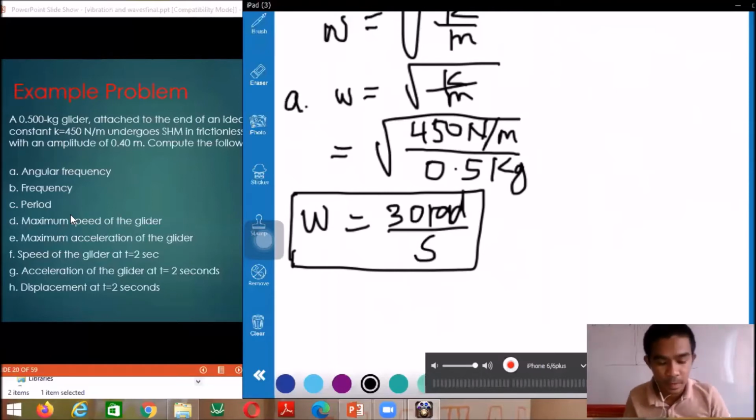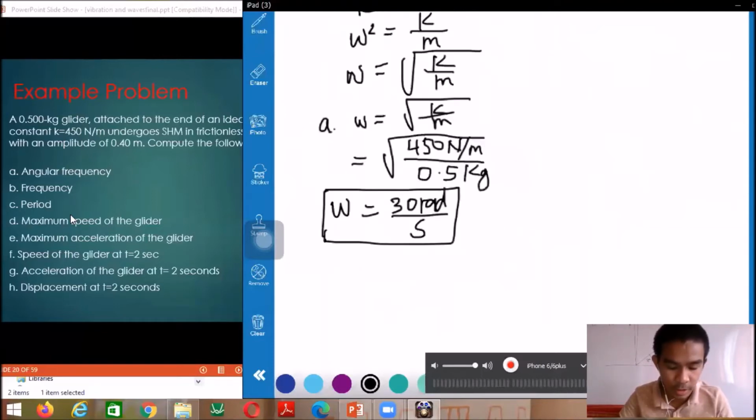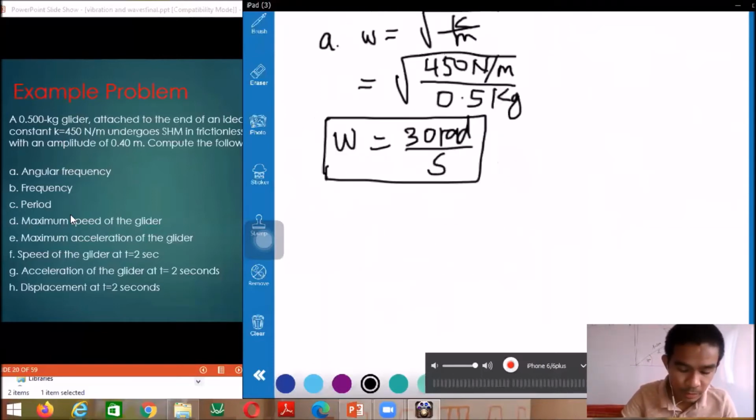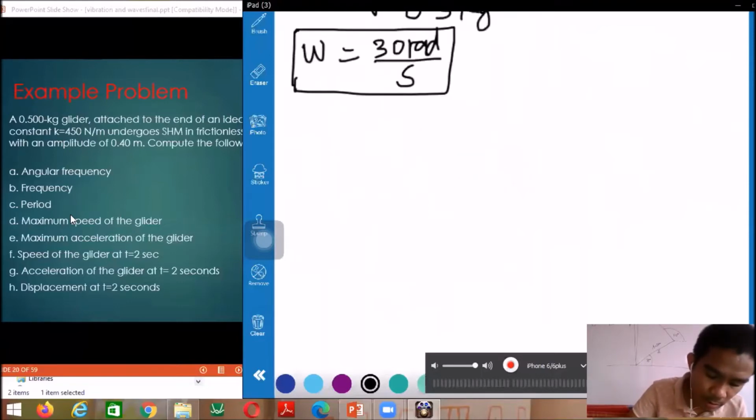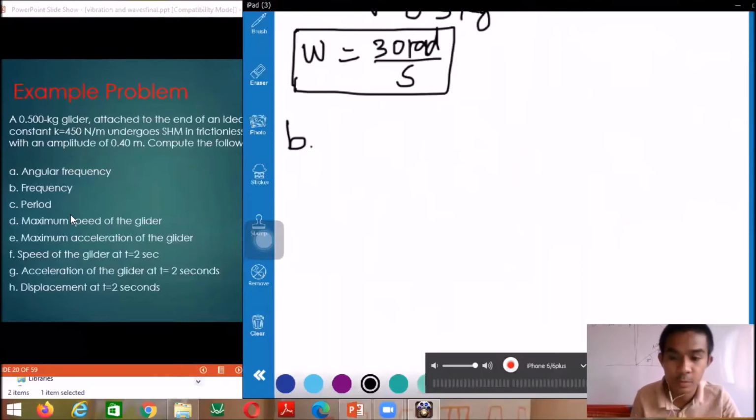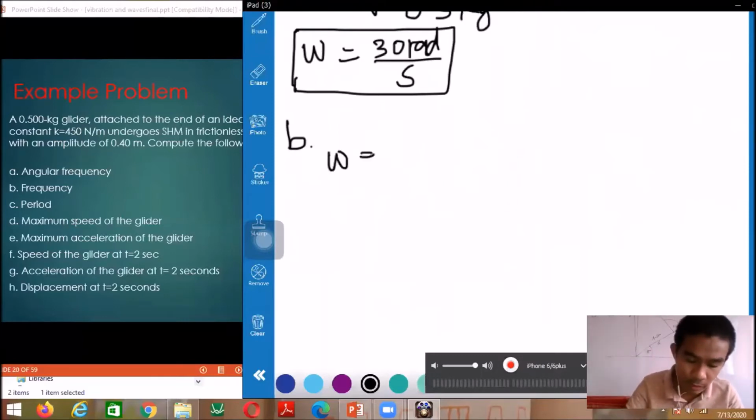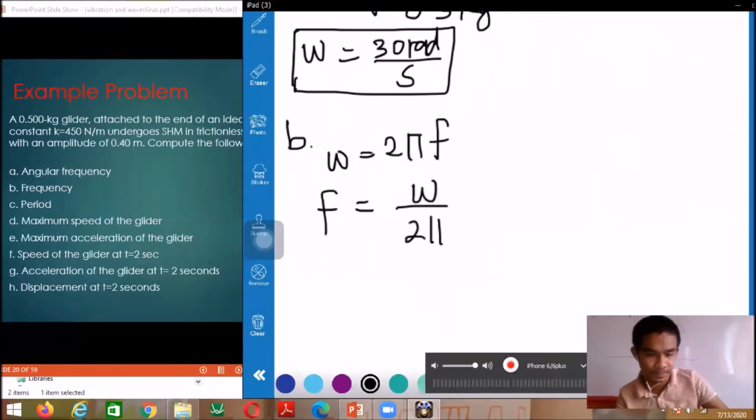Okay. Now, how about the frequency? That's letter B. Since omega is equal to 2 pi f, then the frequency is angular frequency over 2 pi. We have the angular frequency, which is 30 rad per second.